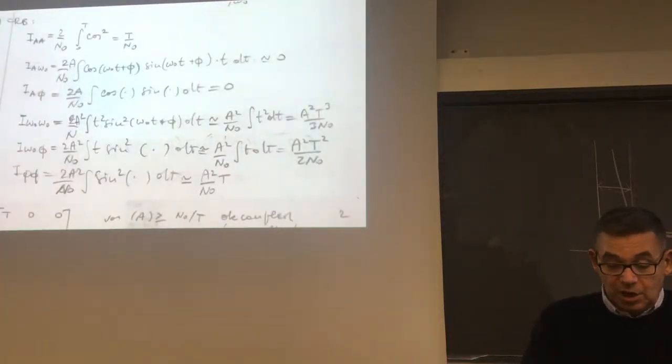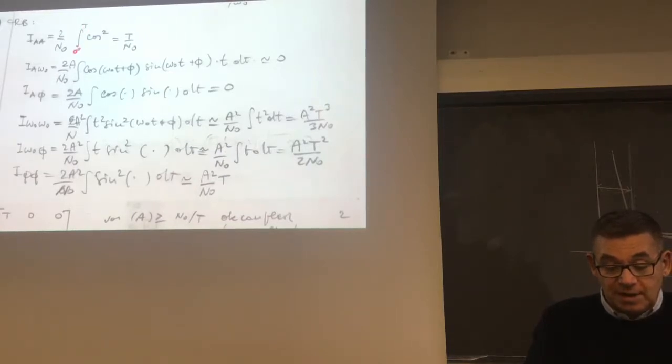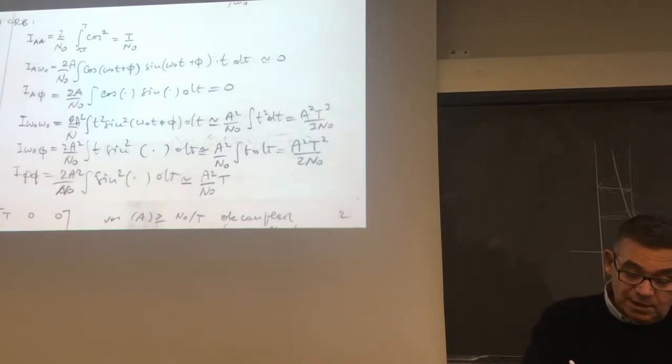Now consider this is the Fisher information on amplitude. Rather than having 0 to T, I have minus T half and T half. The result is the same. Let's use the blue in this case. So I have minus T half, T half.